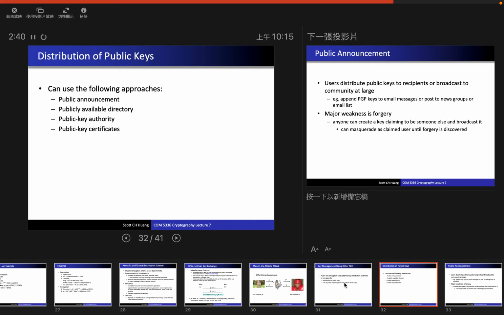Public announcement. This is usually this type of thing. Although it's easy, there is no security at all. I don't know whether you have heard about an email encryption system called PGP. PGP got its name from Pretty Good Privacy. They actually use public announcement.